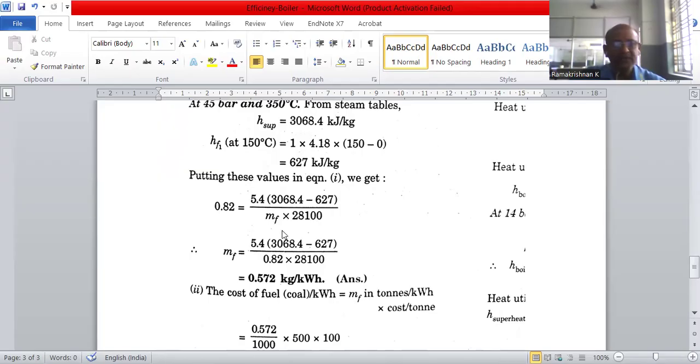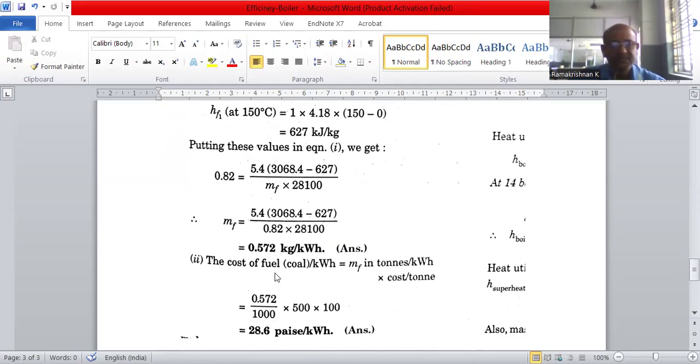So the only unknown parameter is mf, the mass of the fuel per kilowatt hour, because c, the enthalpies and the efficiency are all known. From that, we can easily calculate mf, which is 0.572 kg per kilowatt hour. So the first question is over. Per unit of power generated, the fuel consumption is 0.572 kilogram of coal.